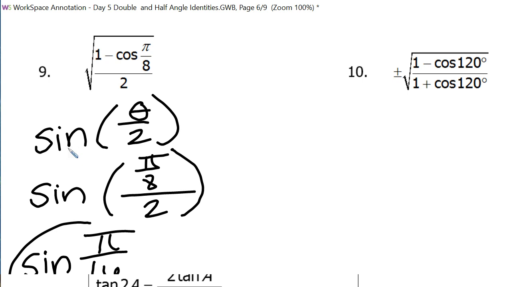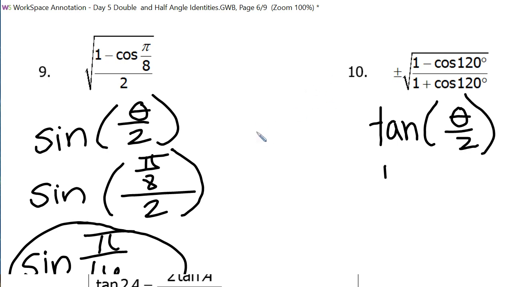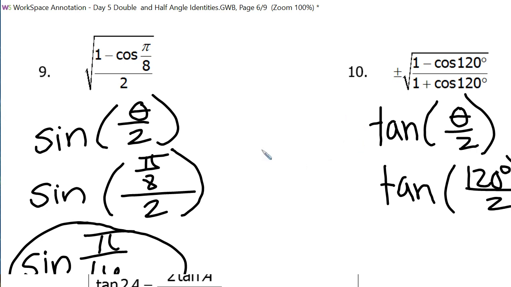And the last one in this section, again, you see a square root, so that means it's going to be one of the half angle identities. And this is the half angle identity for which one? Tangent. So this would be tangent of half of theta. And for theta, they use 120 degrees. And half of 120 degrees is 60 degrees.